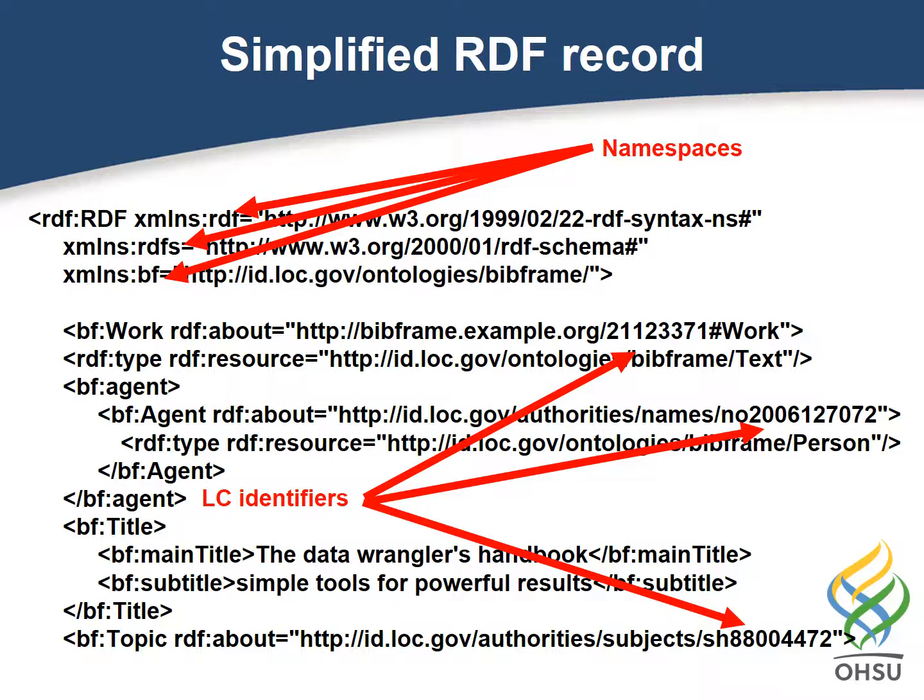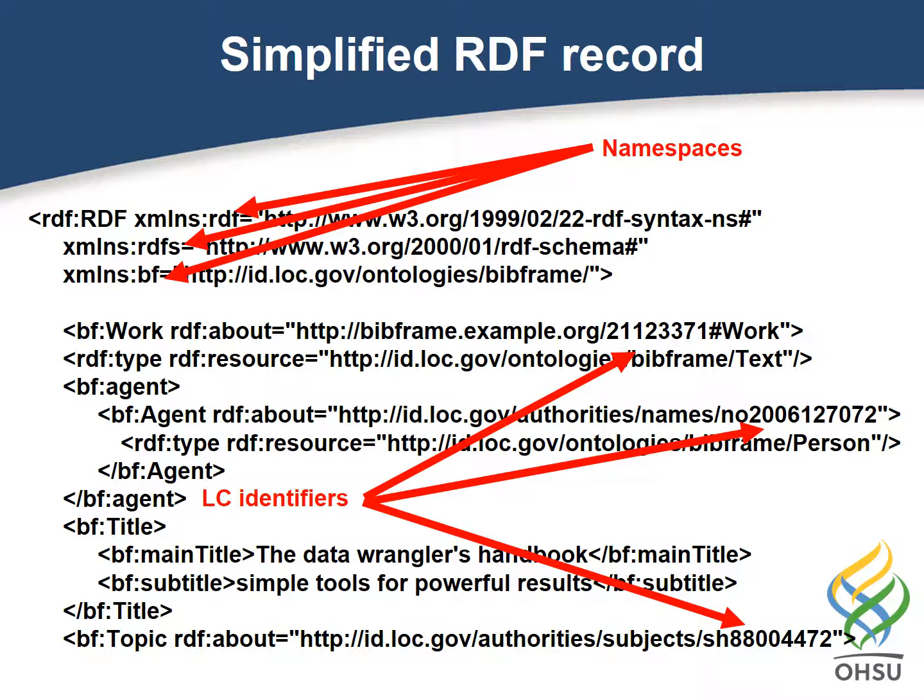So there's a work identifier, rather than the work itself. For the author's name, it doesn't contain the actual author's name, but rather it points to an authority record, so that if I change my name or something like that, it would automatically be updated. Likewise, for the subject heading, we're pointing to a subject identifier rather than encoding the subject heading itself.